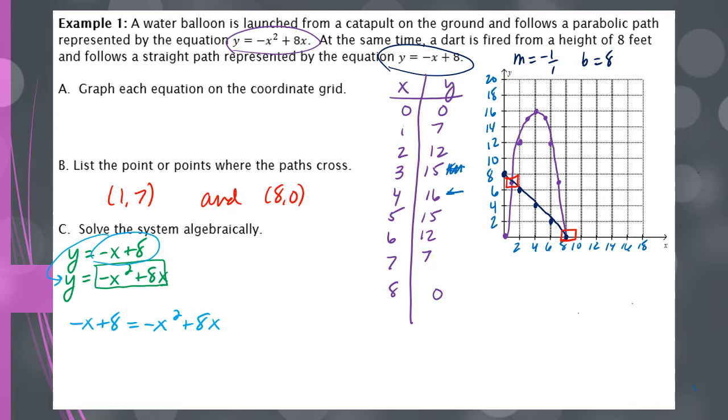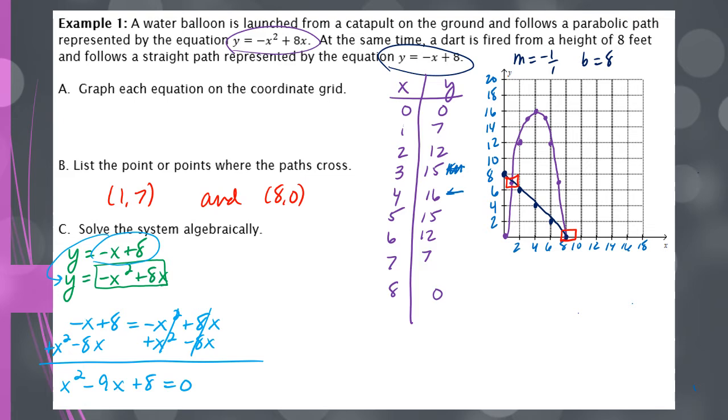I want to get 0 on the right side, so I'm going to add x squared to both sides, and then I'm going to subtract 8x. So here's what we have. Positive x squared, which is what I wanted, that's why I did things in a different order, minus 9x plus 8, and then it equals 0.